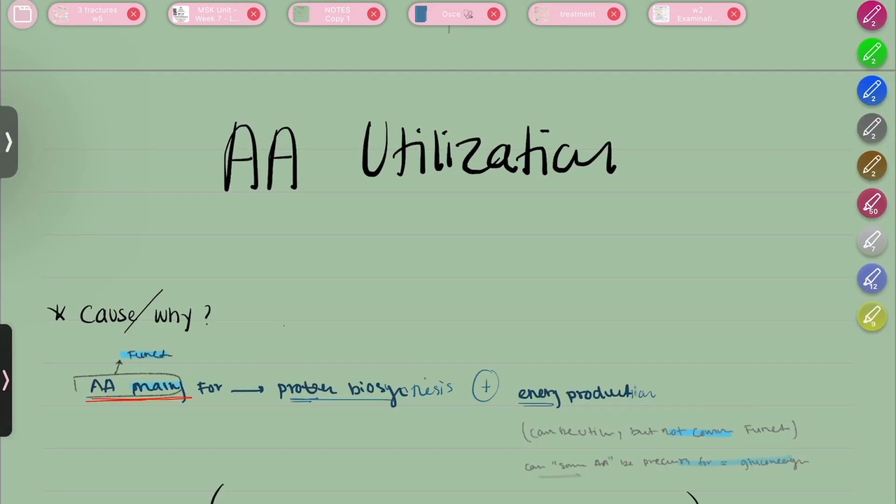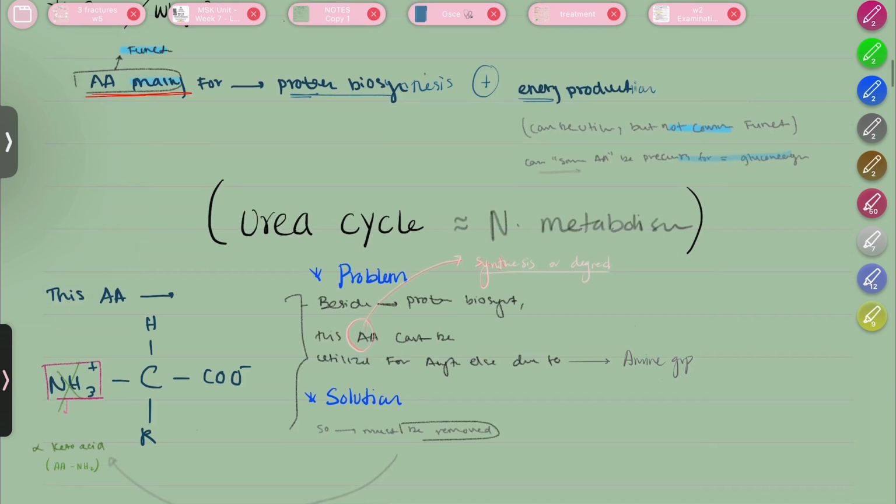Let's start off by talking about amino acid utilization. Amino acids have diverse roles, such as protein biosynthesis, energy production, and the list goes on. To start off with our first process, I'm going to present the first problem.